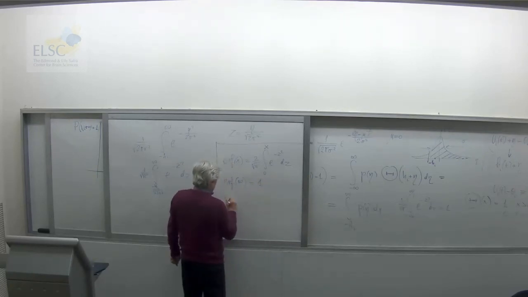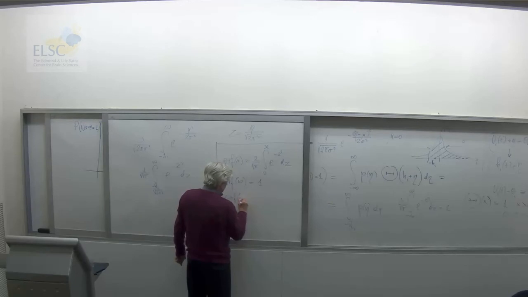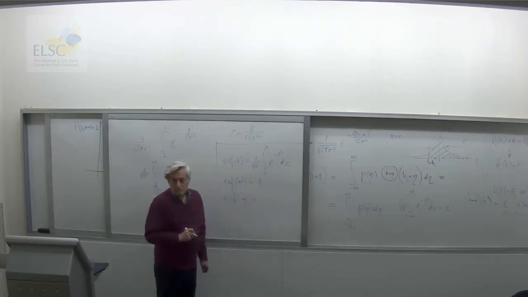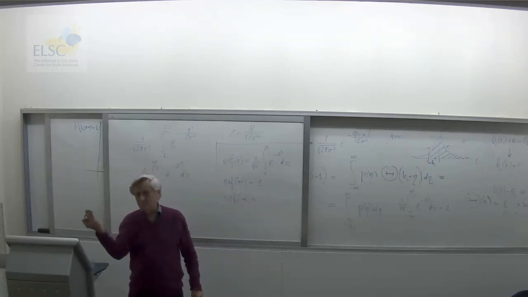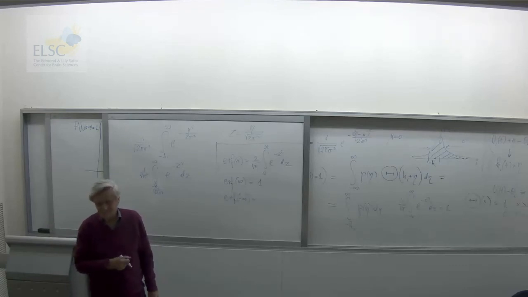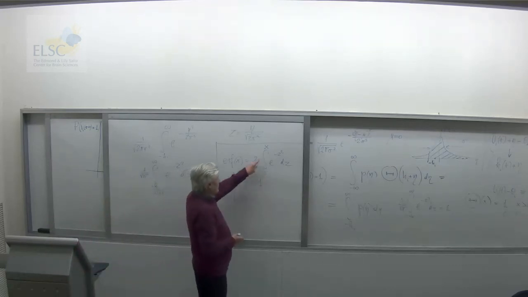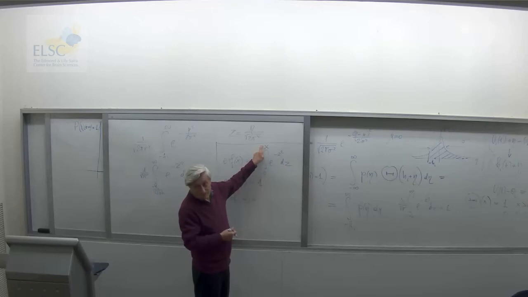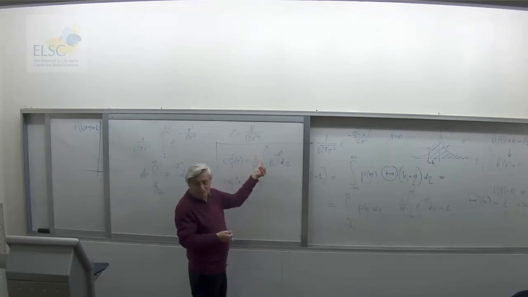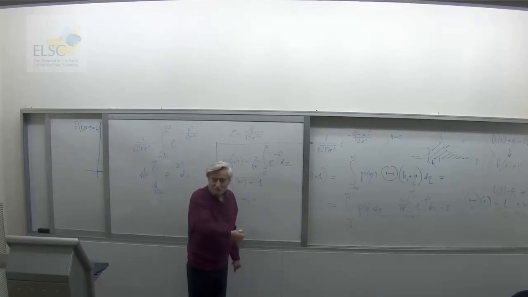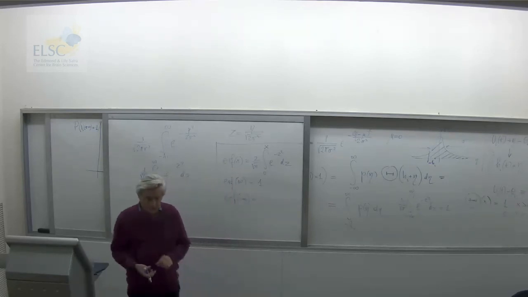And erf of minus infinity is minus 1. From minus infinity to 0 is 1, and from 0 to minus infinity is minus 1.